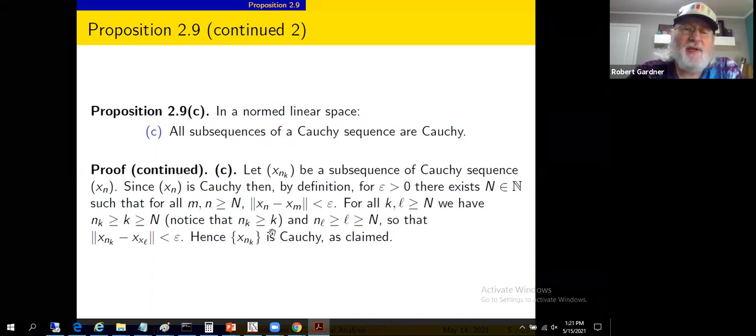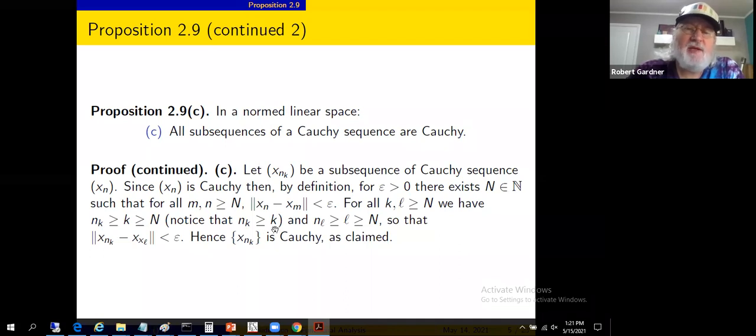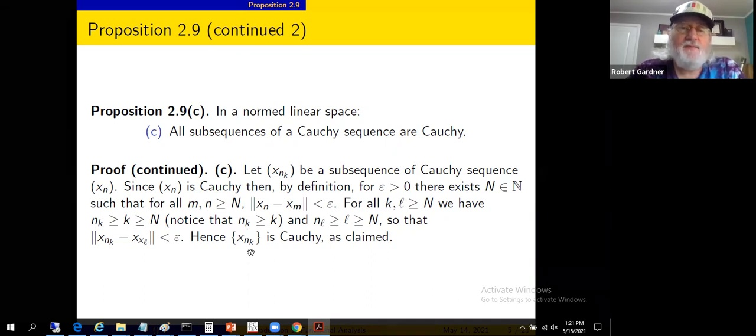We're making a claim here that n sub k is greater than or equal to k, which might not stand out to you as an easy result, but think what these symbols represent. k is a position in the original sequence, the kth position in the original sequence. n sub k is the kth position in the subsequence.